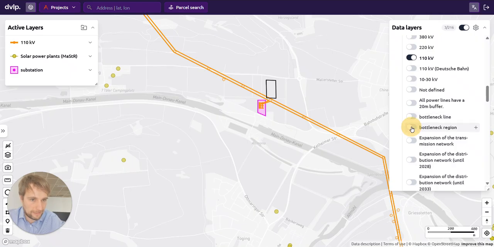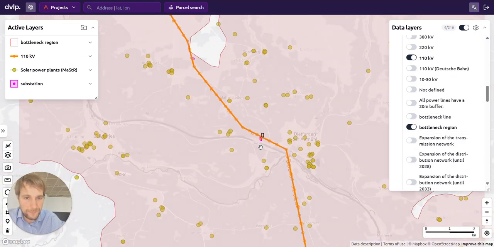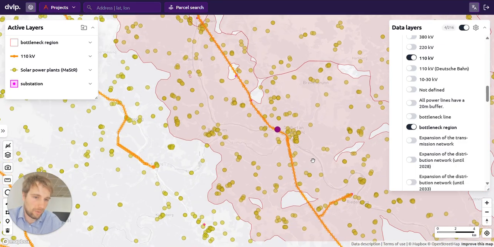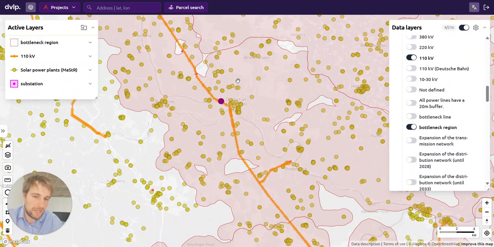In this case, we have a bottleneck region here. The grid operator in this data doesn't show exactly where the bottlenecks lie. However, it gives you an overview of the degree of bottlenecks in this local area.